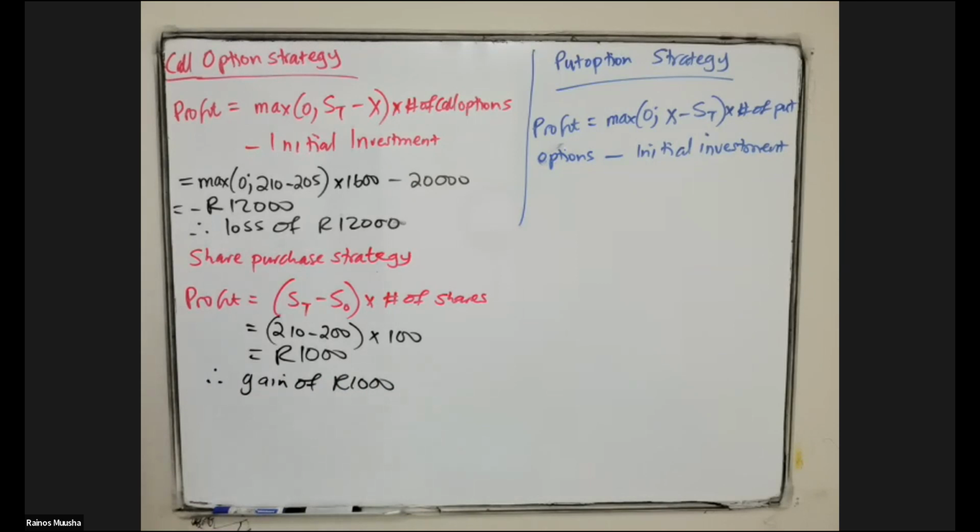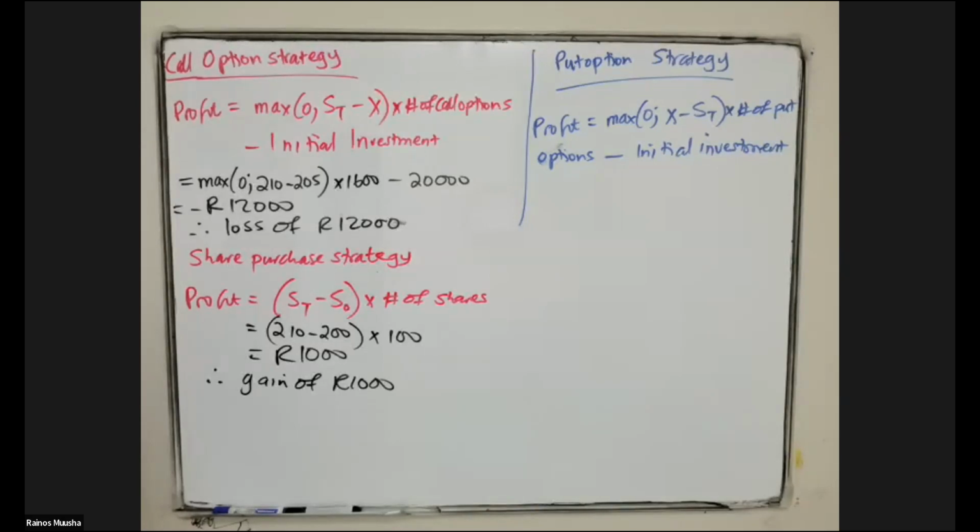The next part of the question, they say, how high does the stock price have to rise for the option strategy to be more profitable? So to see how high the price has to rise for the option strategy to be more profitable, we first need to find out exactly what the break-even price is. The break-even price is the price where the call option strategy is equally profitable as the share purchase strategy. So this will give us the break-even price.